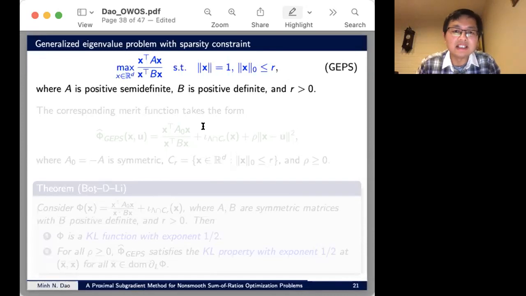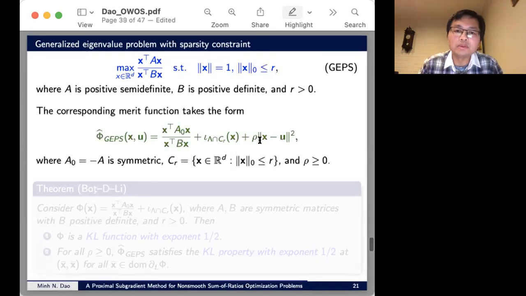Okay, and if we change the regularization to the sparsity constraint, this can be included and we can write it in this form.